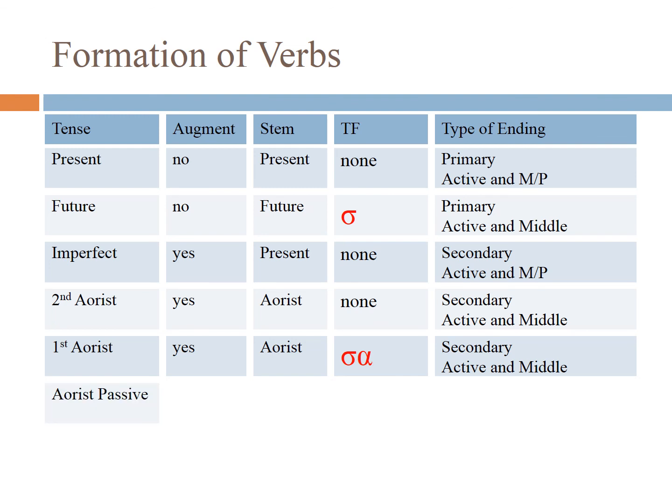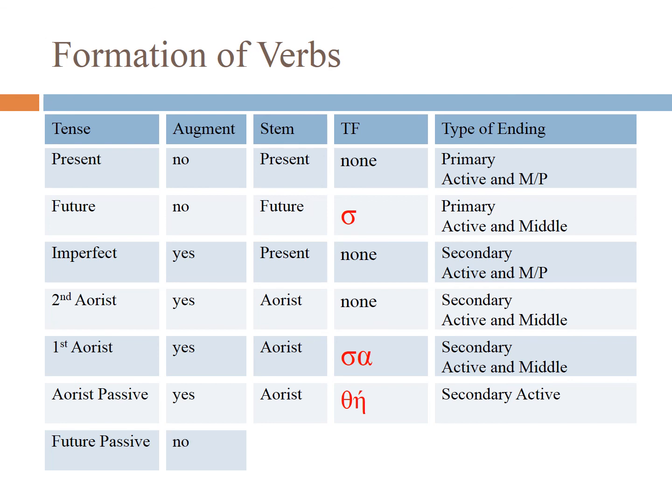The aorist passive does have an augment. The stem is aorist. The tense formative is θη, and it takes secondary active endings. The future passive, the augment, no, it does not have one. Stem is aorist. Tense formative is θησ, and it takes primary middle endings.